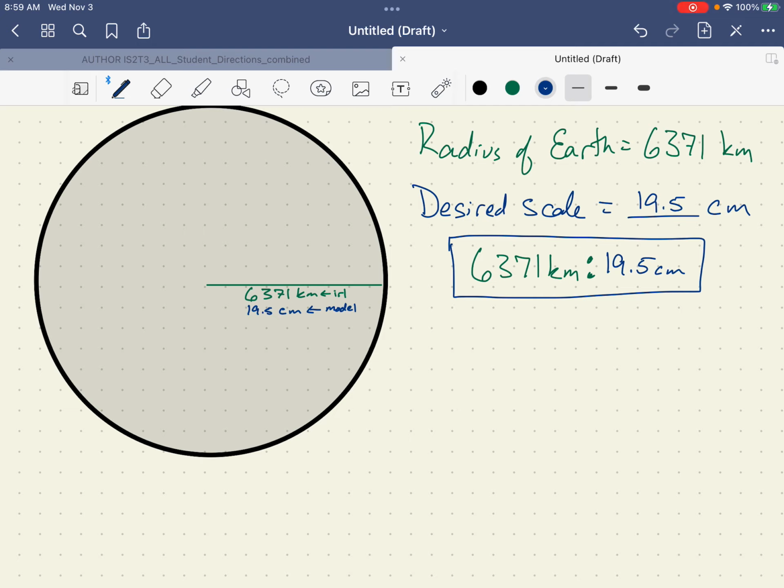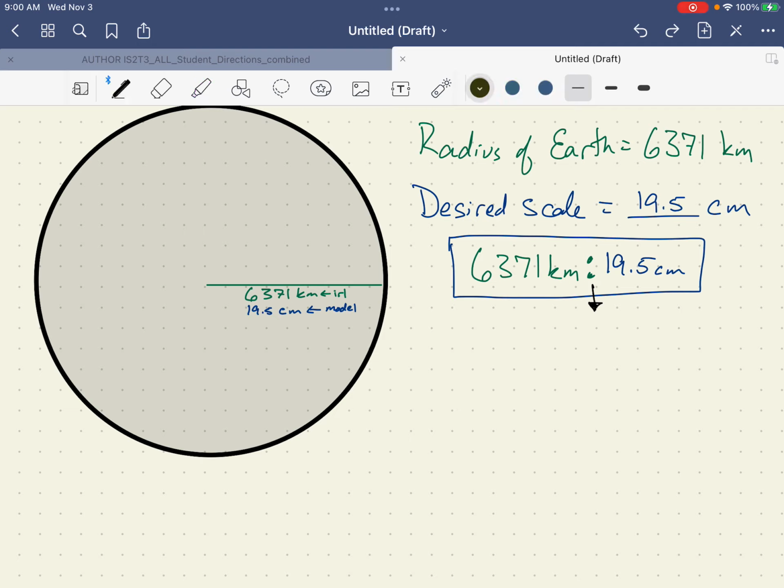Sometimes it's desirable to take that same thing and we can reduce it by dividing both sides by one or the other numbers. Which number you choose to use kind of depends on your application. For purposes of this, which you'll see why I'm doing it later, I'm going to divide both sides by the 19.5 centimeters.